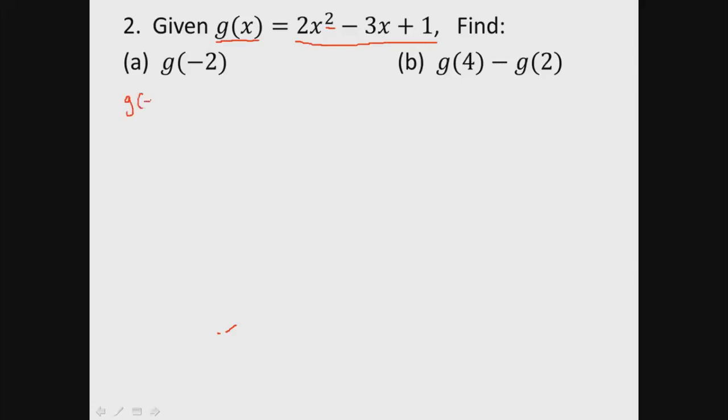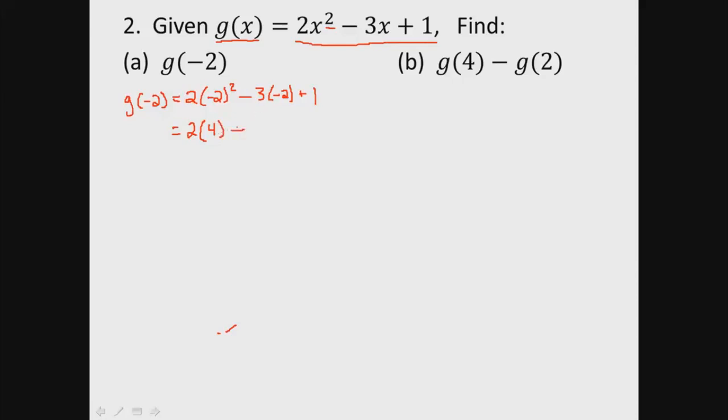So g of -2 is equal to 2 times -2 squared. Wherever there is an x, I'm going to put in -2. So 3 times x is now 3 times -2, plus 1. If we follow BEDMAS, -2 squared is a positive 4.